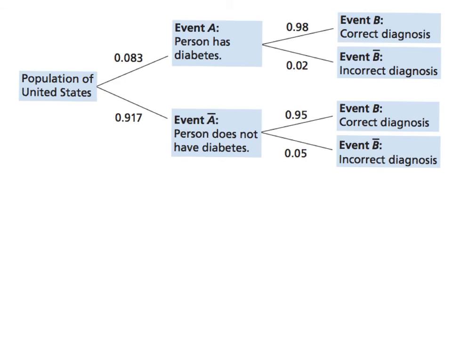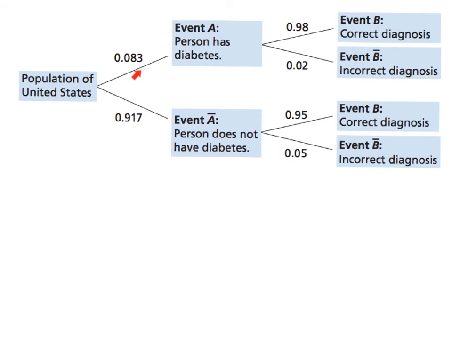So a lot of you are visual people. So I'm just going to give you this. This is going to help you, I believe, because it's hard to even know in this problem. Where do I start? What do I do? So let's just say you're a person in the United States. We know that from our information that 8.3% of people in the United States have diabetes. So event A is a person that has diabetes. Now A bar, remember this, we can use complements of events A and B to complete the diagram, where A bar would be a person who does not have diabetes, and B was a correct diagnosis, so B bar would be an incorrect diagnosis.